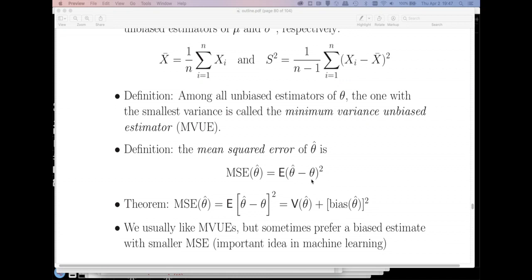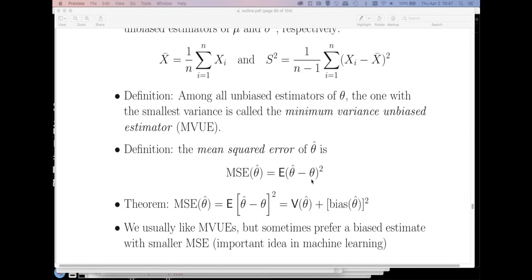Think of this as how far you think you are from the parameter in squared units. Now, there's a very important decomposition that you will run into many times, so it's important for you to have seen this and to understand it.